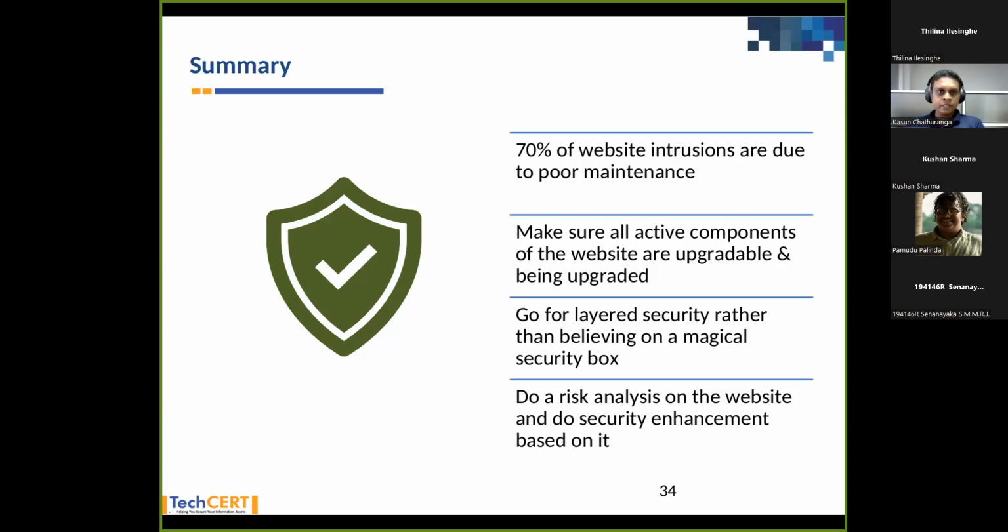And layered security is one thing you need to achieve, rather than building one magical security box.